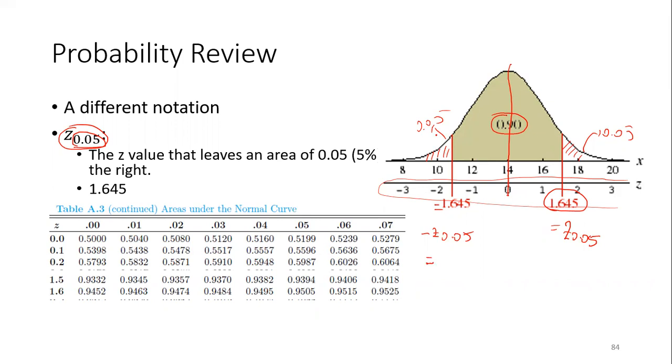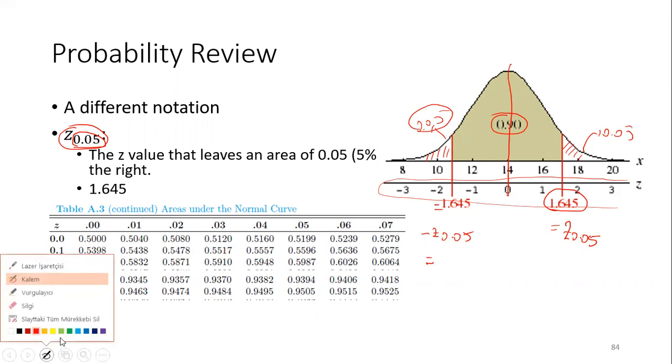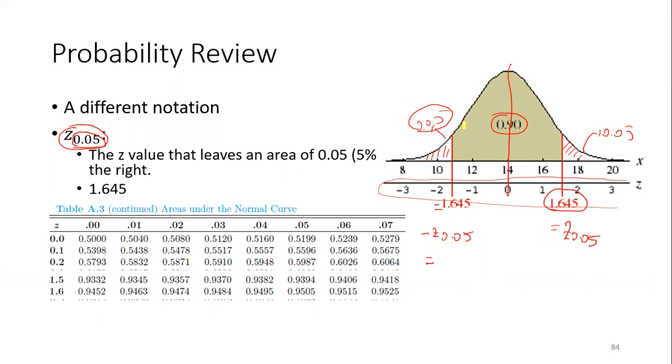Since the area to the left of this is 0.05, the area to the right, which is this part, this yellow area, is equal to 0.95, right? So in fact, this is Z sub 0.95. So Z sub 0.05, which leaves an area of 5% to the right, is 1.645.